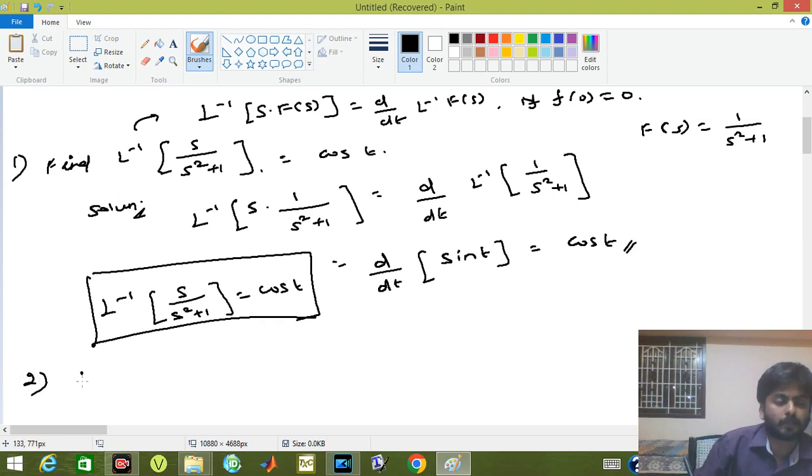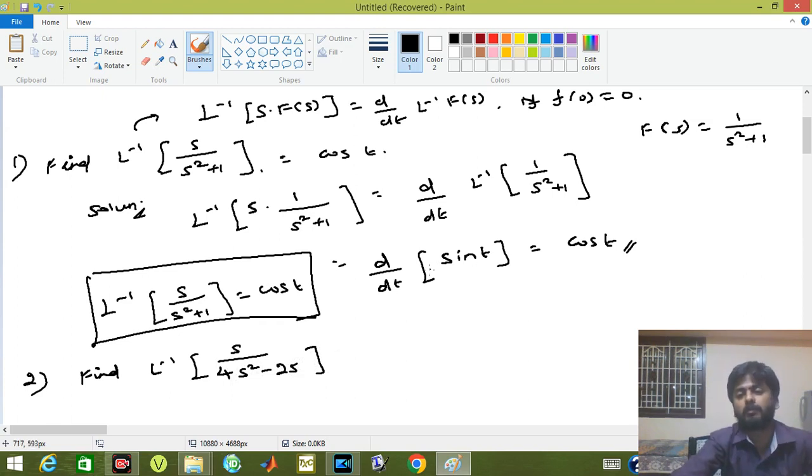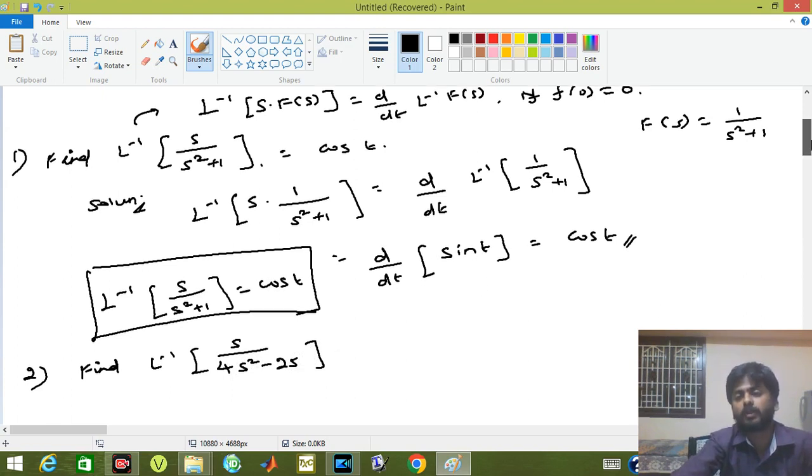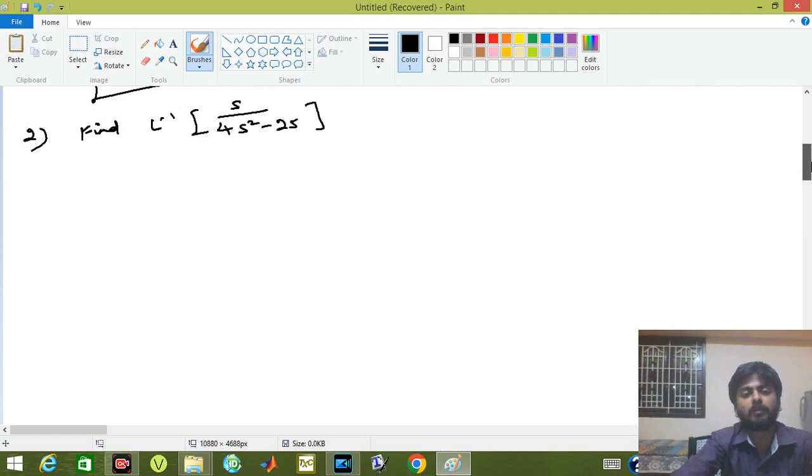Our second problem is find L inverse of s divided by 4s square minus 25. Okay, so this is our second problem. How we can take this problem?